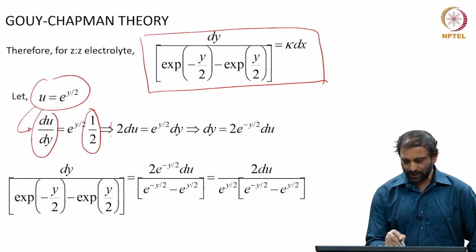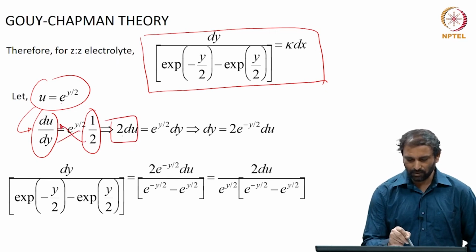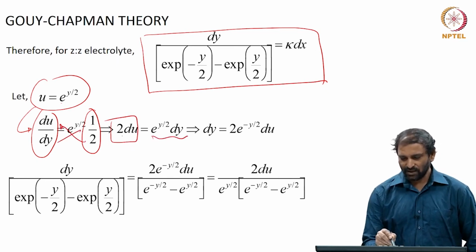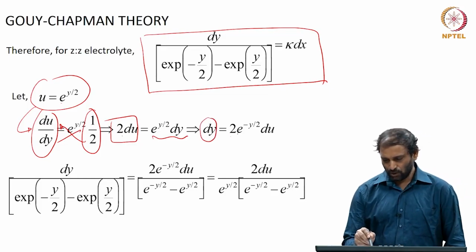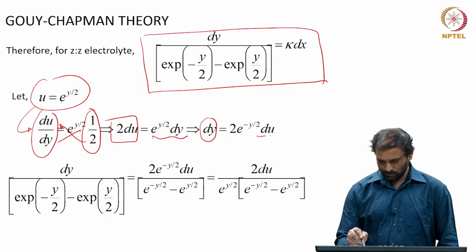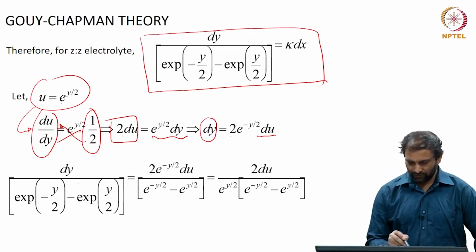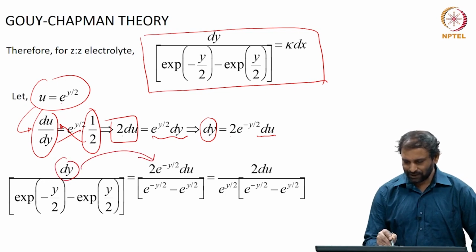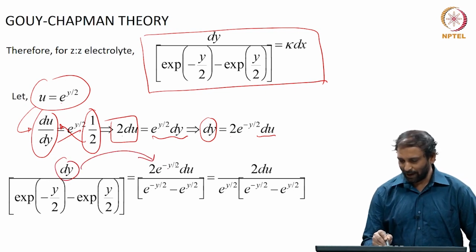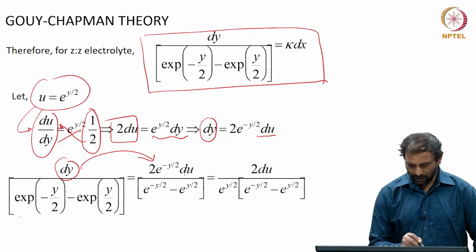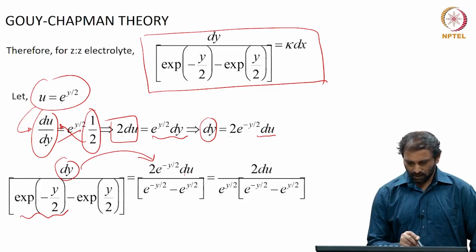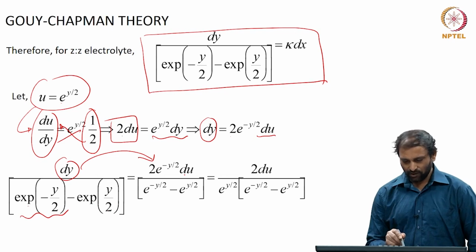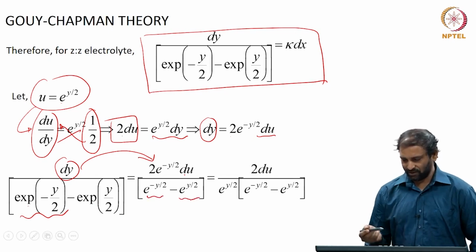So therefore, 2 times du, I can cross multiply them, 2 times du is e power y by 2 times dy. Therefore, dy essentially becomes 2 e power minus y by 2 into du. So for dy we are going to substitute 2 times e power minus y by 2 into du, and the exponent of minus y by 2 minus exponent of y by 2 remains the same.